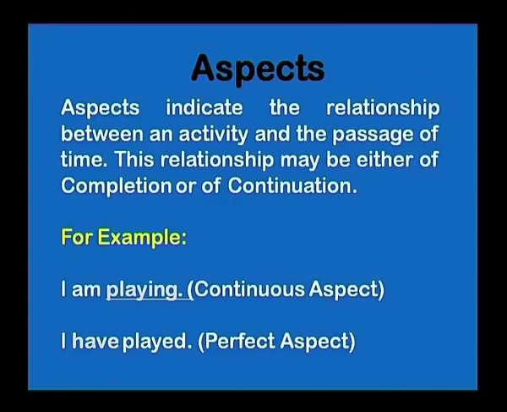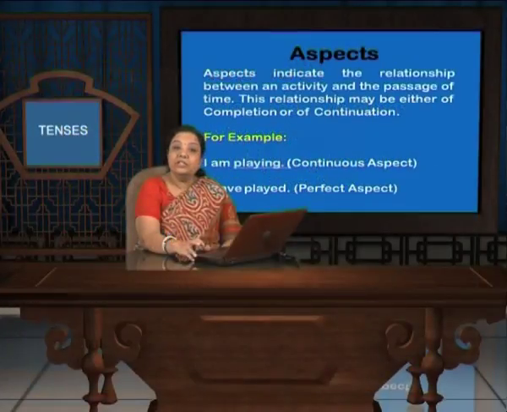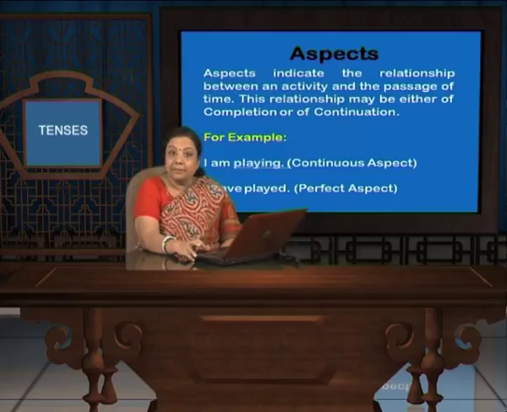Look at this example, it shows the relationship. It can be either a complete action or the action is in process. For example, I am playing. The word playing refers to continuous aspect. The activity is not complete and I am still playing.